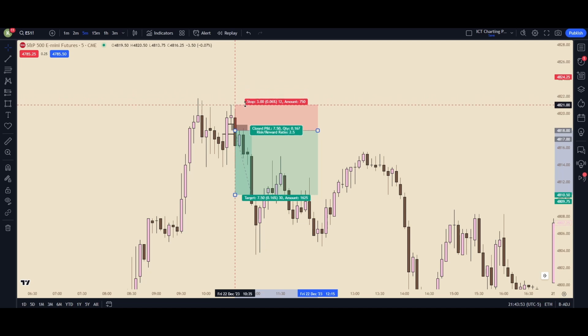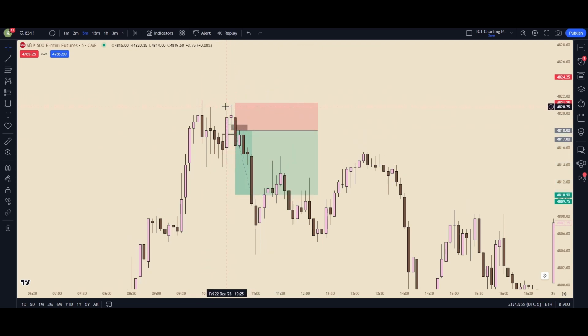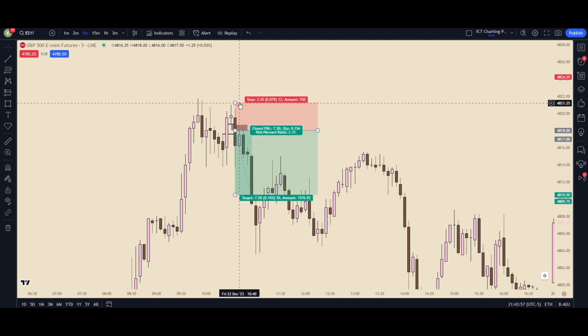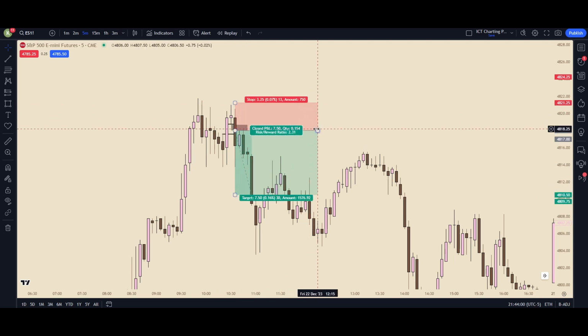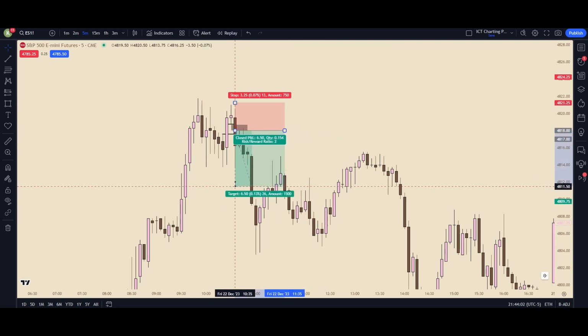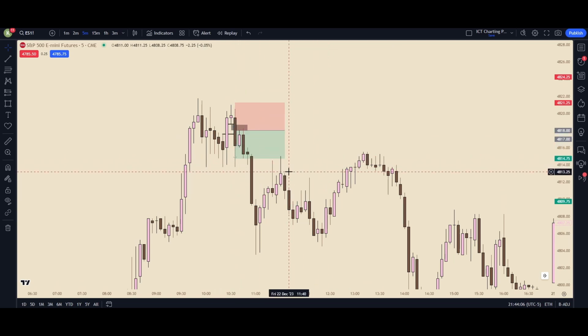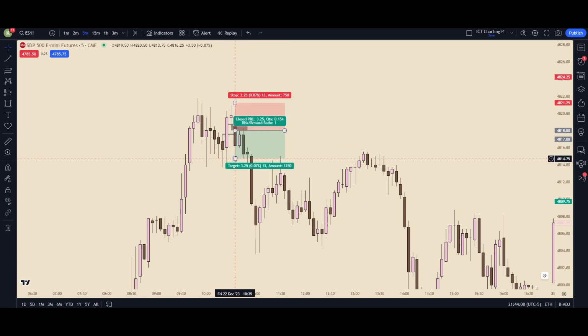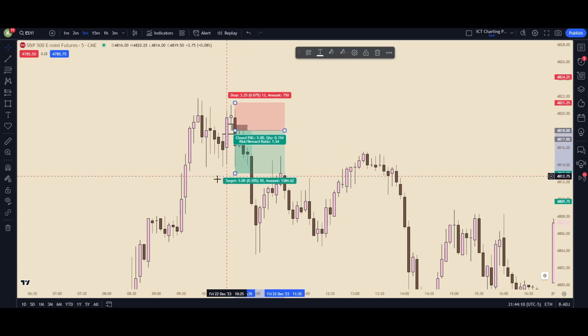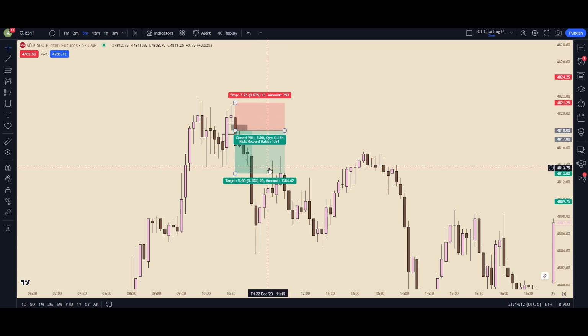We can put our stop above this high, should be safe above the high. 3.25 handles, we can target 1R, partial at 1R, and then we can target the rest at 5 handles. So 1R would have delivered almost on the same candle, and then we can push for 5 handles on the second partial. That's how I'm personally playing them right now.